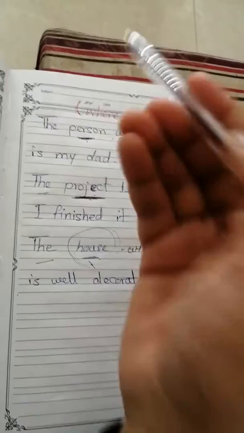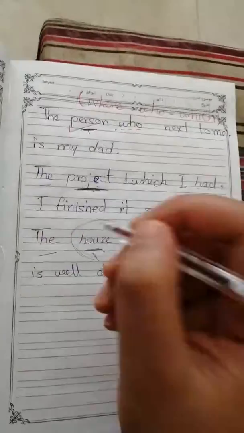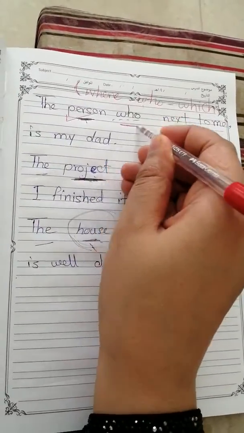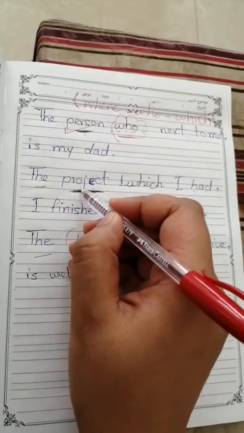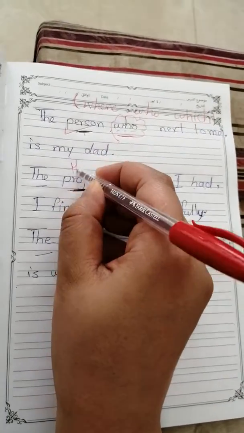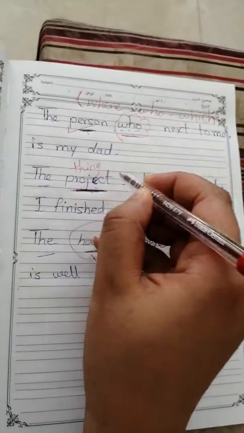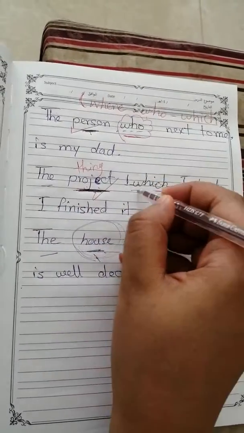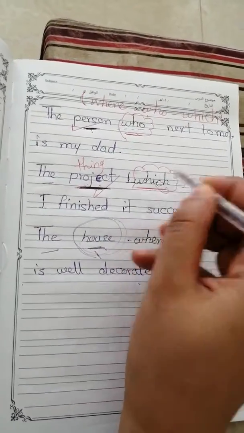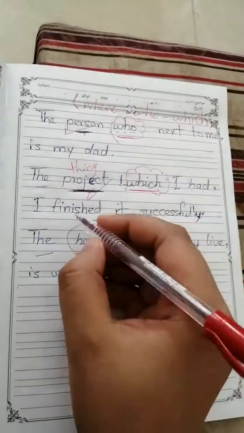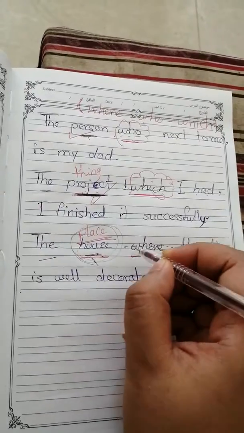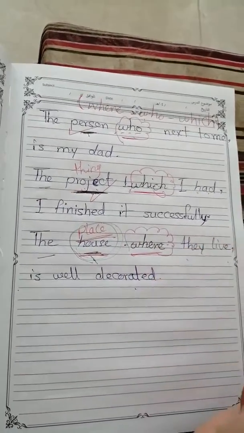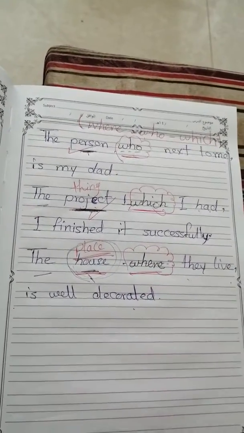So if here's a person, who? If there's a thing, so which? If here's a place, so where? Yes or no? Yes, that's correct.